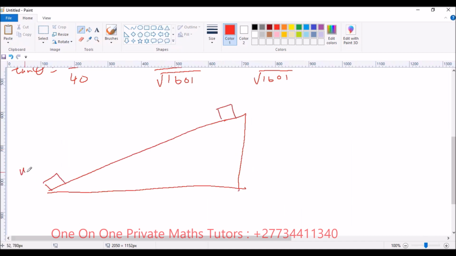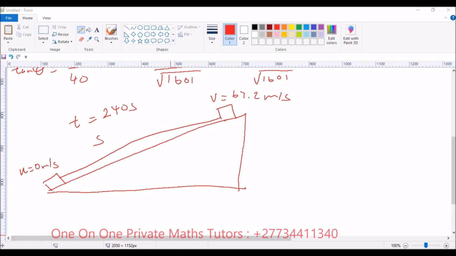Okay. u is equal to 0 meters per second. v, final velocity after 4 minutes, we have found that it's 67.2 meters per second. And the time it has taken is 4 minutes, which is 4 times 60, which is 240 seconds. So we might want to find the distance covered.